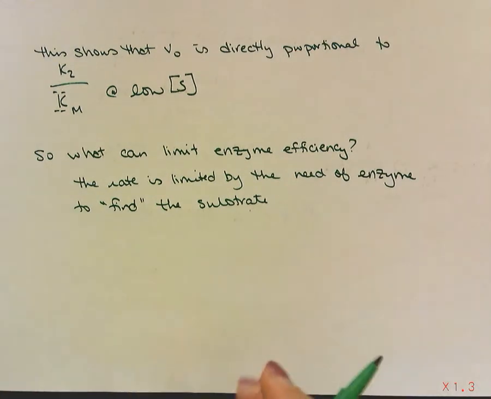The rate's going to be limited by the fact that the enzyme has to float around in solution to find the substrate. What do we call that when two things have to float around to find each other? It starts with a D, if that's a help. Starts with a D, has two F's in it. Diffusion. Excellent.